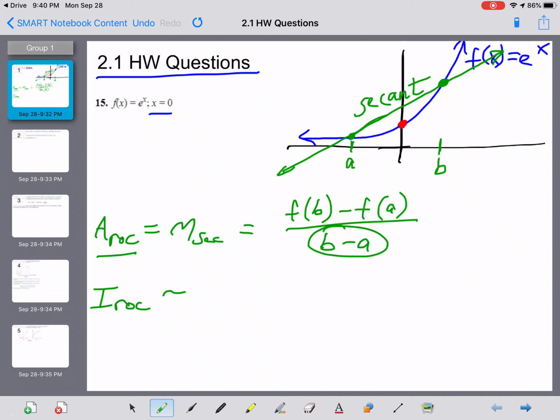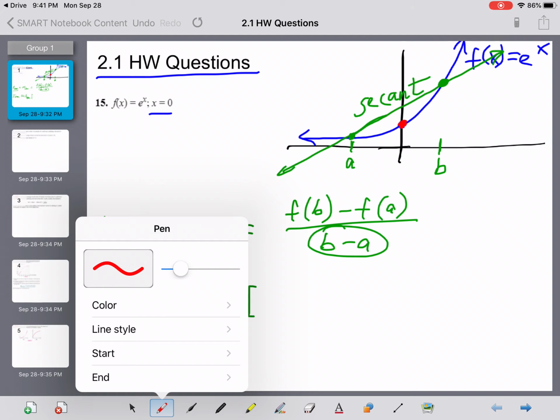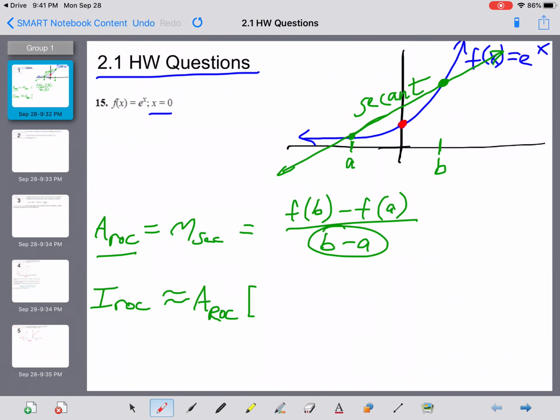So to estimate the instantaneous rate of change, we might do the same formula we did up above for average rate of change, but let me go ahead and specify a really small interval that exists somewhere right around this particular value here, where x is equal to 0.